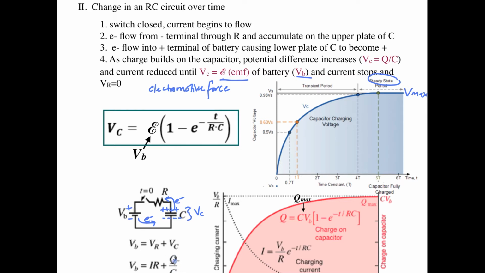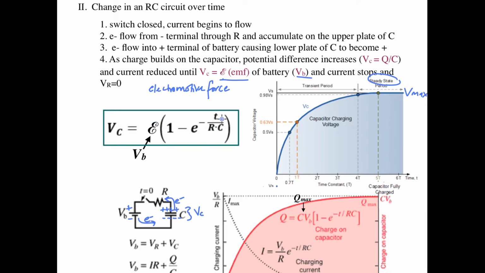All right. Let's take a look at our formulas here. The voltage of the capacitor equals the voltage of the battery, or EMF of the battery, times the quantity 1 minus e to the negative t over RC. We're going to get into this, but this is a natural logarithmic pace where the voltage climbs until it hits this maximum.